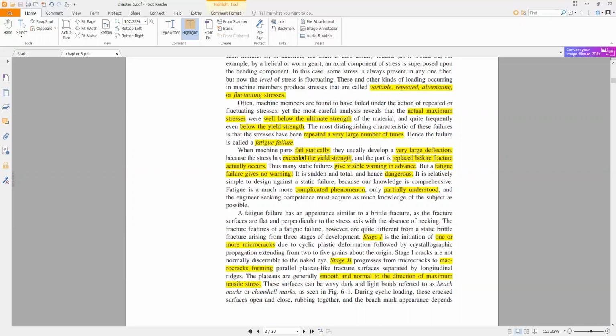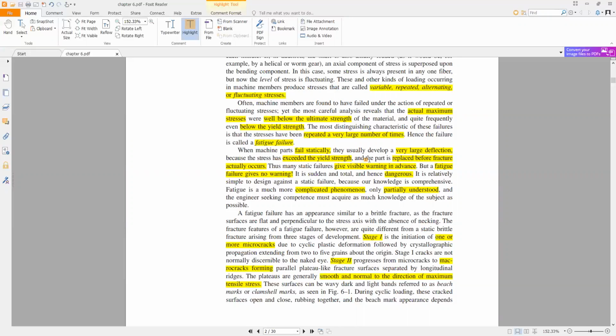When a machine part fails statically, when the force is applied statically, it will develop a very large deflection. Normally, when you apply the force once and it exceeds the yield strength, this is a normal stress condition.